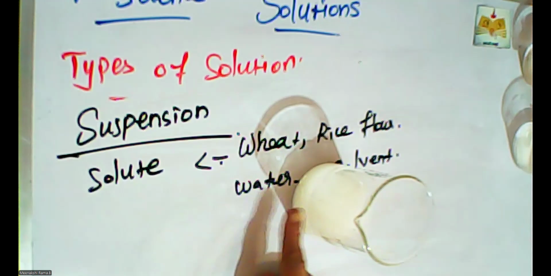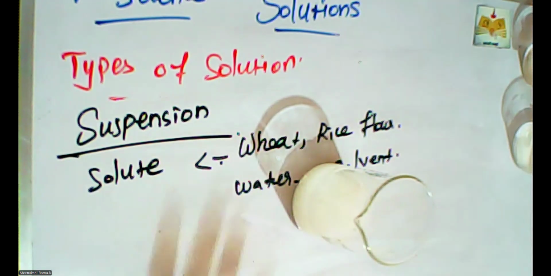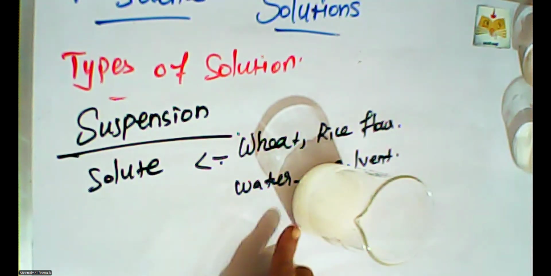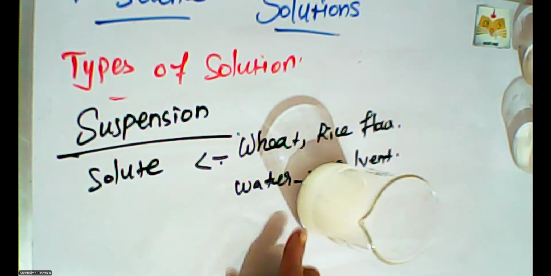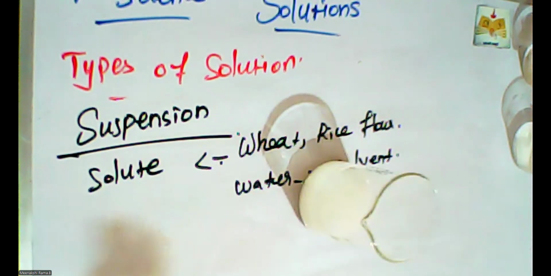So this is the nature of the solute. The solute is not dissolved in water, and within 1 or 2 minutes it settled down at the bottom of the beaker. So this kind of solution is called a suspension.